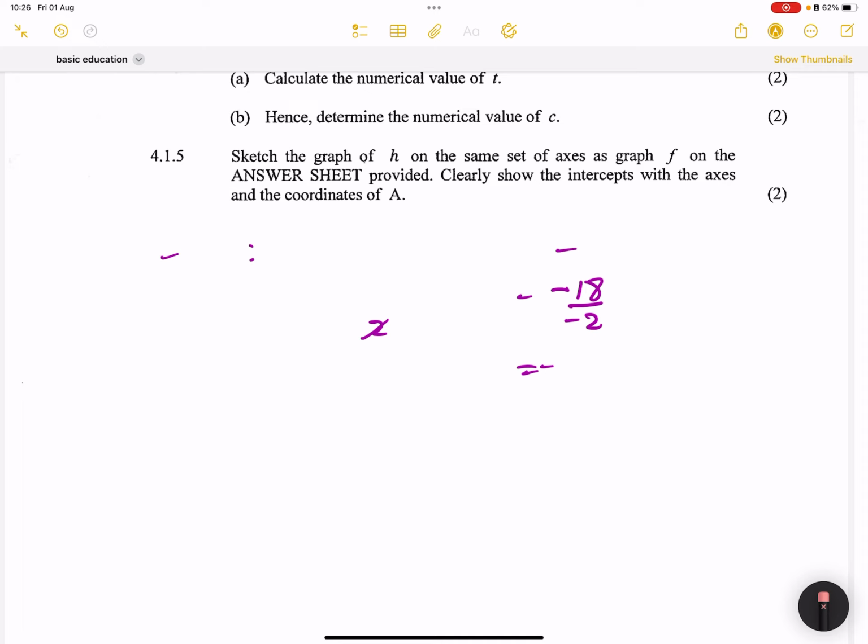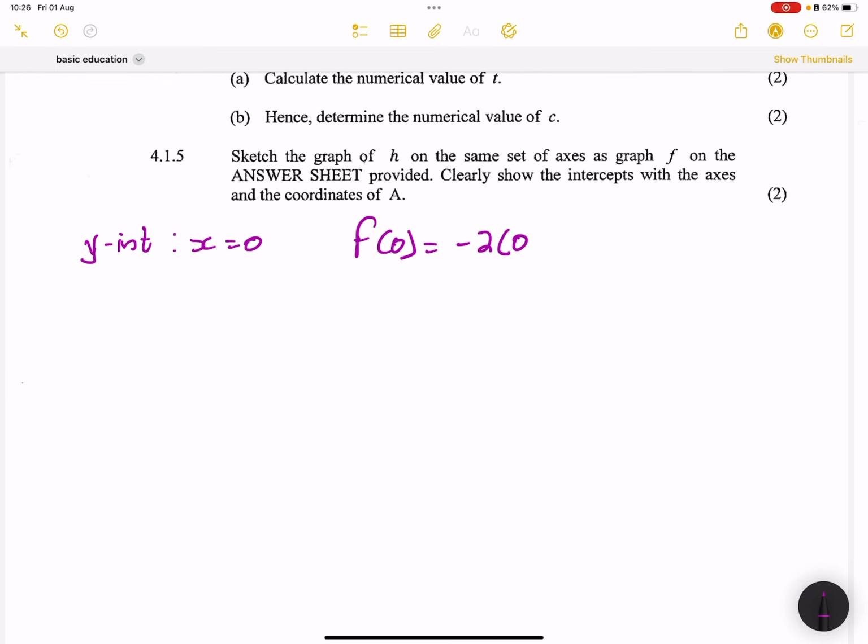For the y-intercept, we know that x is equal to 0, so we're going to take f of 0. That's minus 2 into 0 minus 3 squared, plus 18.